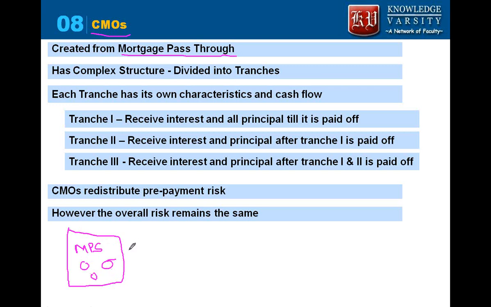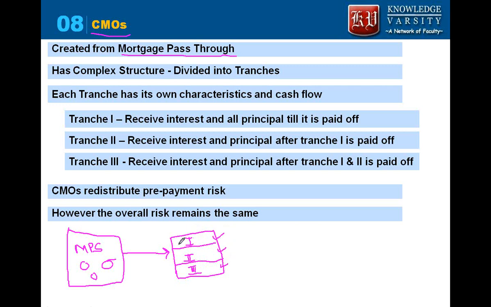Out of this, you create not one bond but multiple bonds. There are three types of bonds created, typically called tranches. So you have one tranche, a second tranche, and a third tranche.